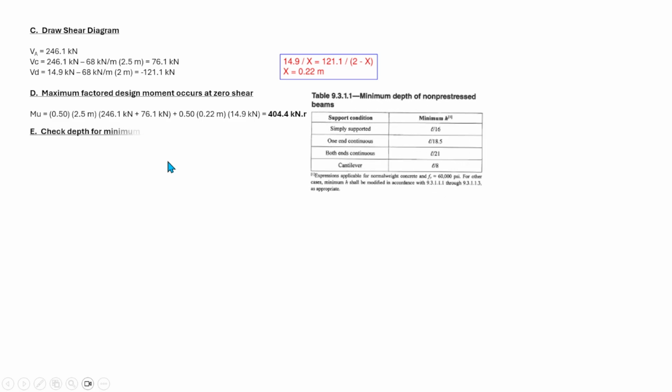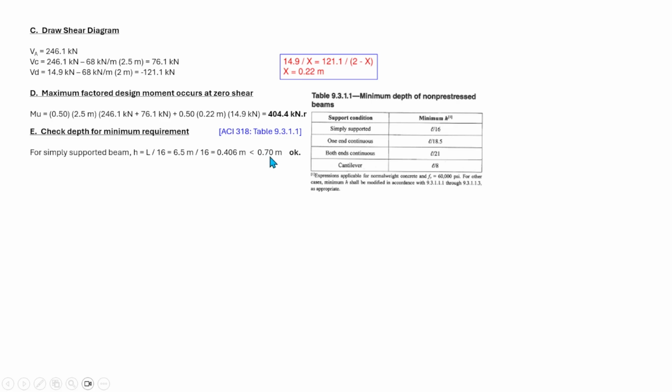Now we will check the minimum depth of the beam based on the ACI code, Table 9.3.1.1, and this is the table. For a simply supported beam, we have L over 16. So h is equal to L over 16, that is 6.5 meters over 16, which is equal to 0.406, which is less than 0.7 meters, the depth of the beam that we have assumed.